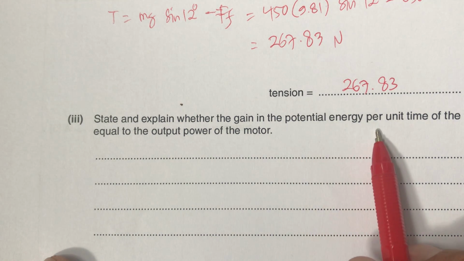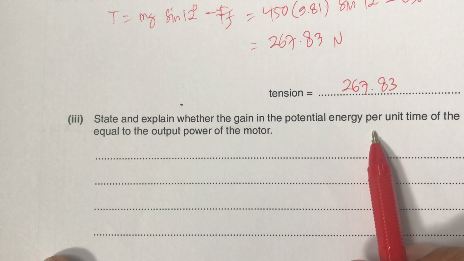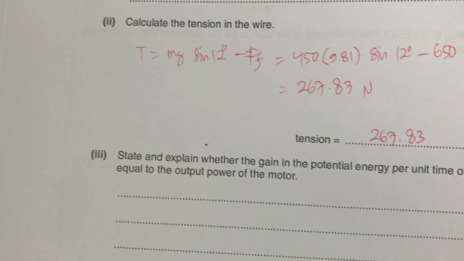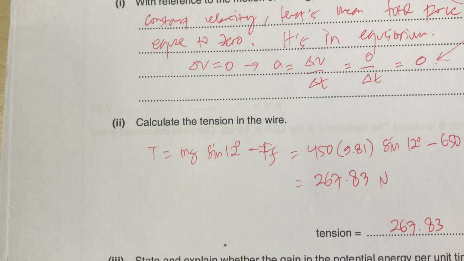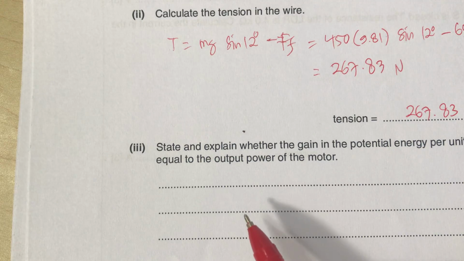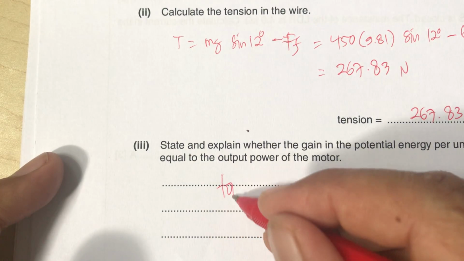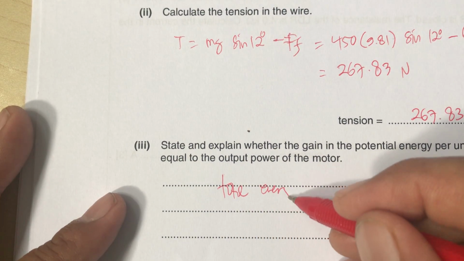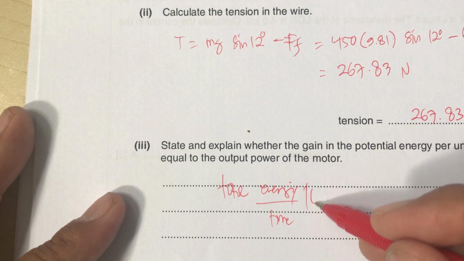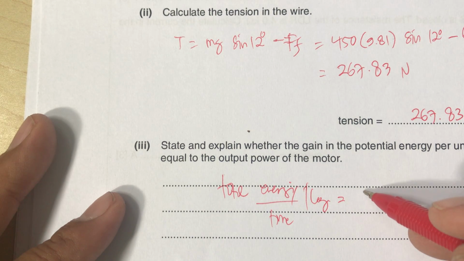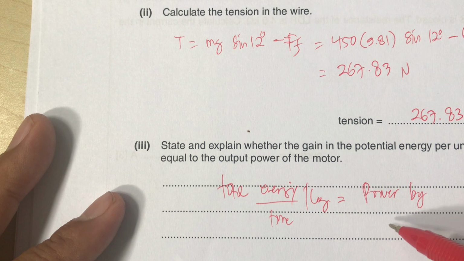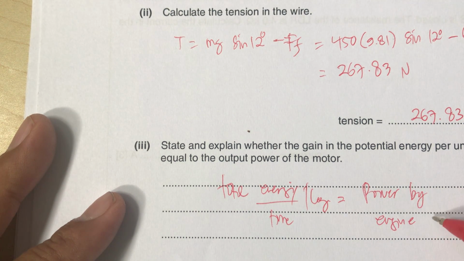The potential energy gained per unit time is the same as the power of the motor, because the power of the motor is totally used to bring the load up. The total energy over time on the log equals the power output by the motor.